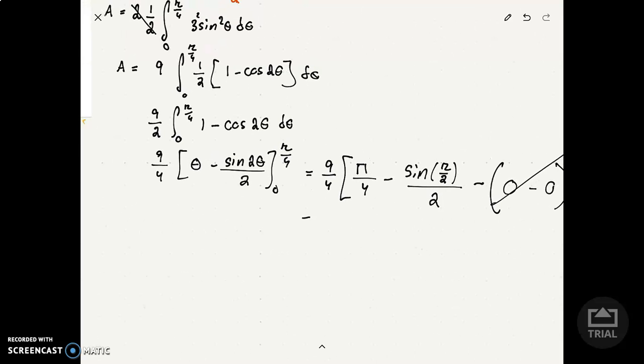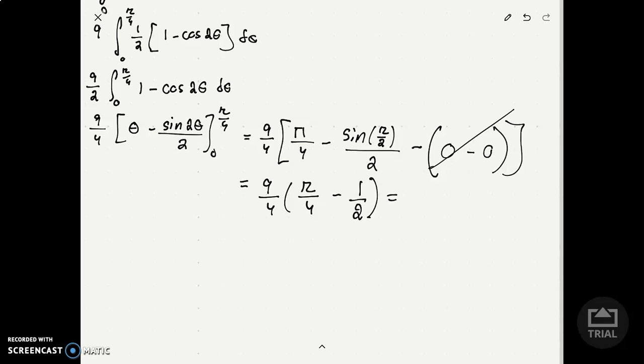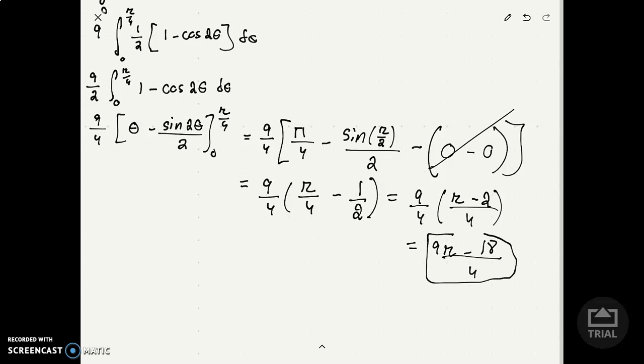We're left with 9 over 2 times pi over 4 minus sine of pi over 2 over 2, and sine of pi over 2 is 1. Cleaning it up a little bit, making the common denominator on the inside 4, it's pi minus 2 over 4, so 9 pi minus 18 over 4 should be the solution.